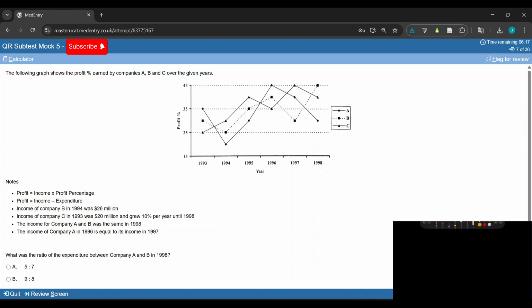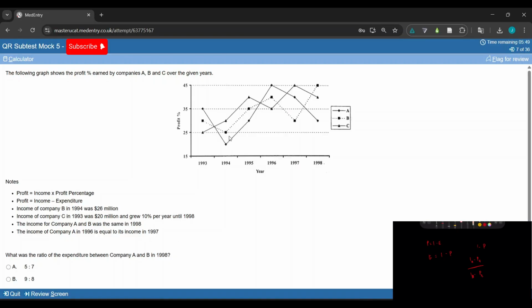So we've got ratio of expenditure. So profit equals income minus expenditure. So to have expenditure, you have to income minus P of one, and then income minus P of the other. So it's going to be IA minus PA over IB minus PB. But the incomes for A and B are the same, so these are exactly identical.